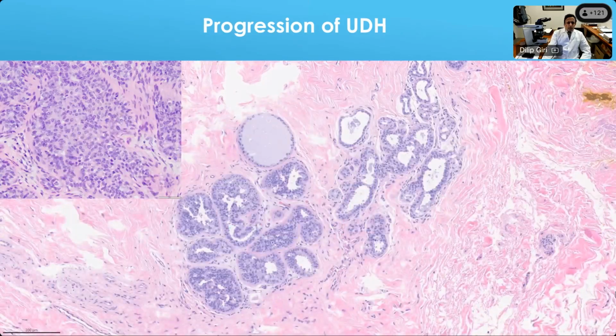Now, just as we saw in that diagram, I'm just trying to show you how it translates to our glass slides. So here is a duct which is probably primed to proliferate, and you can see proliferative changes already beginning, and then it has progressed to become what ultimately may fill up the entire duct, even in examples of usual ductal hyperplasia.